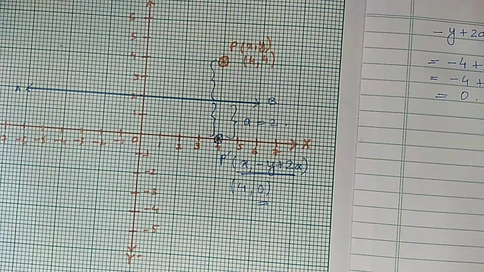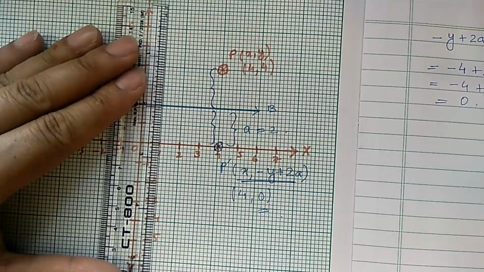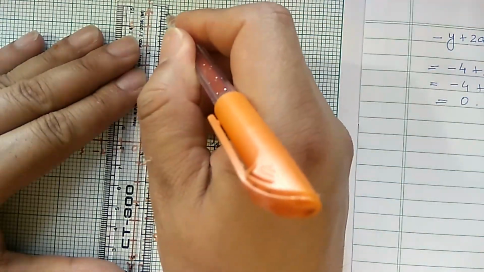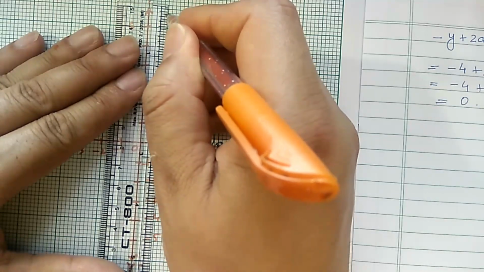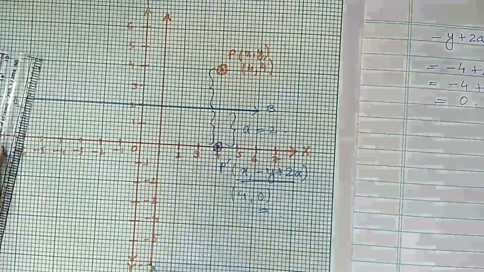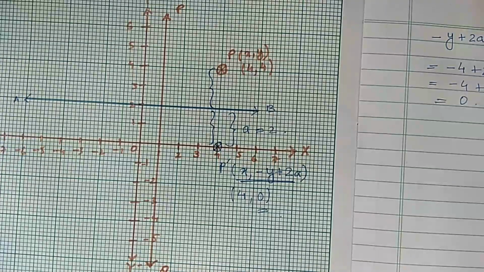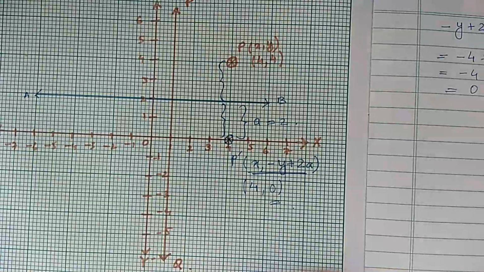Similarly, suppose the same point P is reflected in a line parallel to y-axis. Now I'm taking a line parallel to y-axis like this. Suppose this is PQ. So PQ is a line parallel to y-axis.